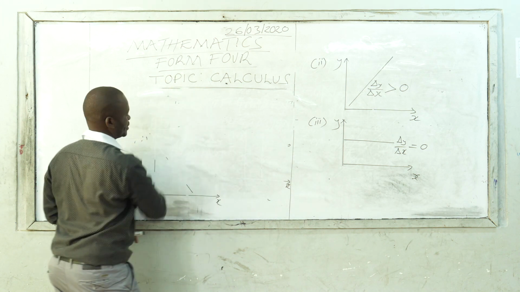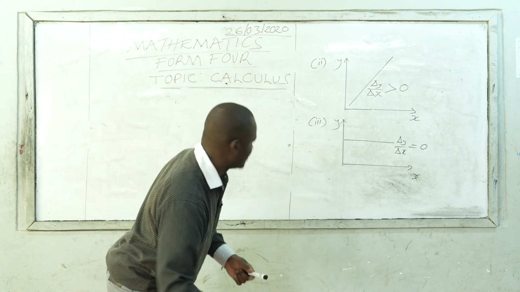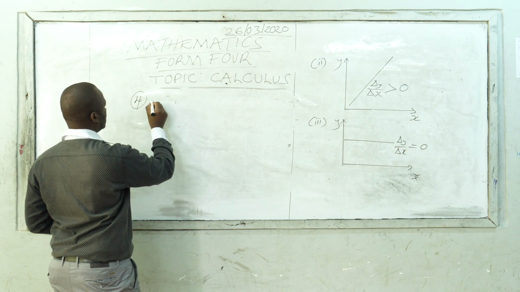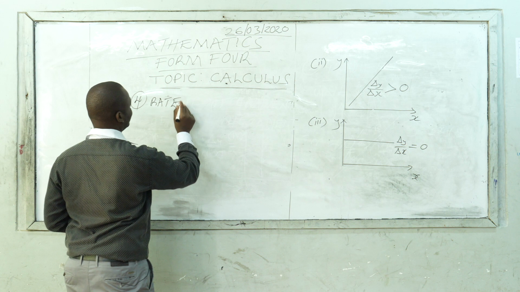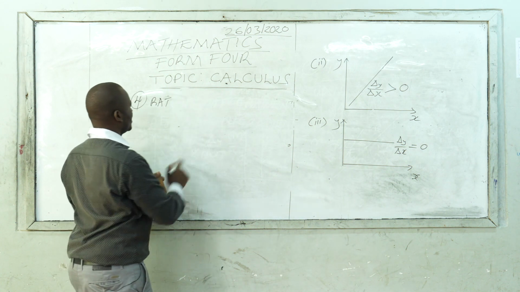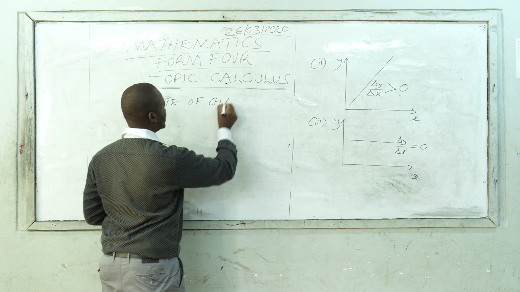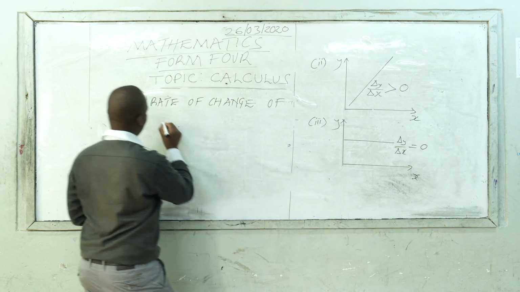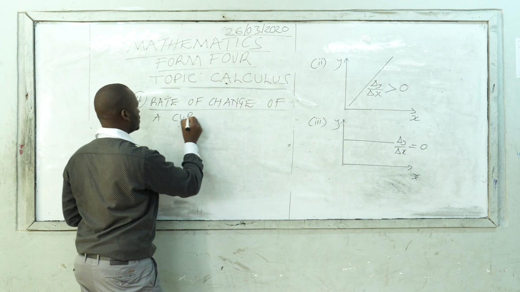So, fourth concept: rate of change, which I've said has the same meaning as the term gradient, of a curve.